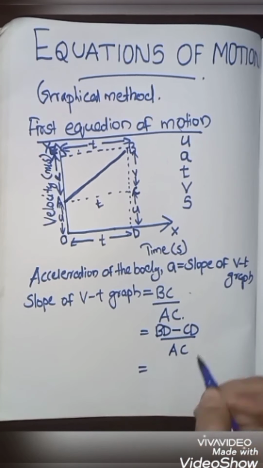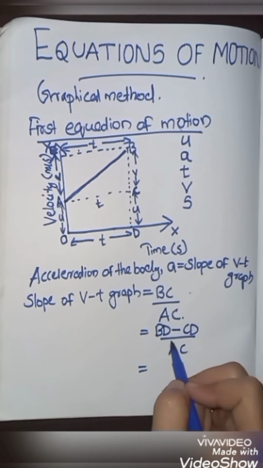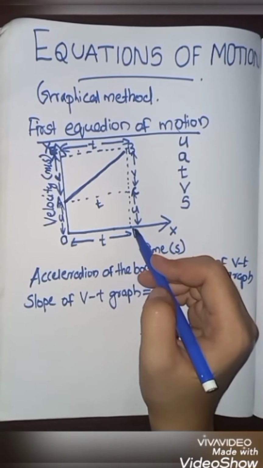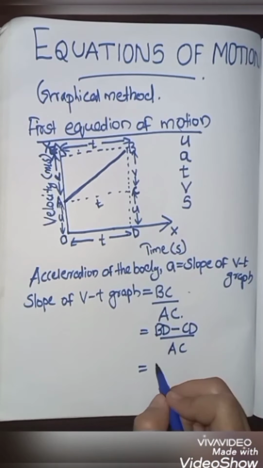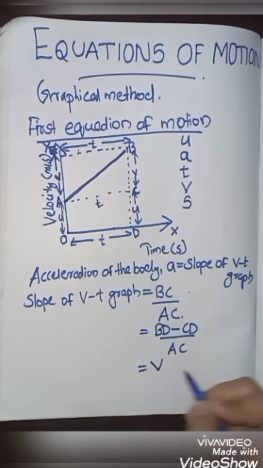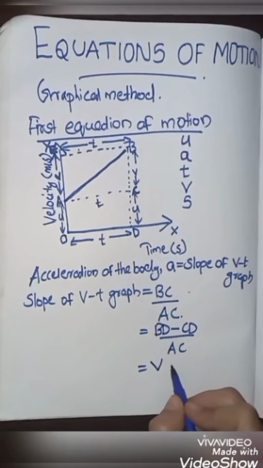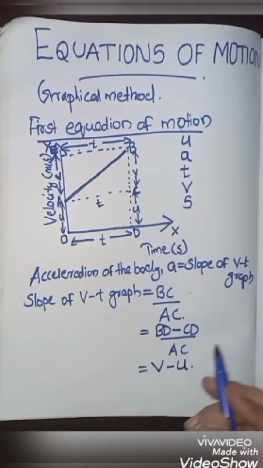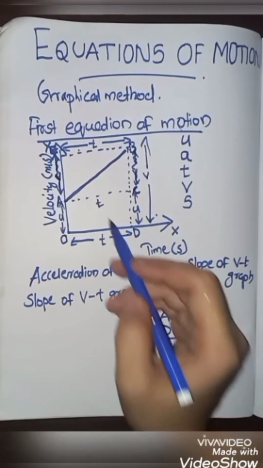BD is equal to v and CD is equal to u, so it is (v minus u) by AC.